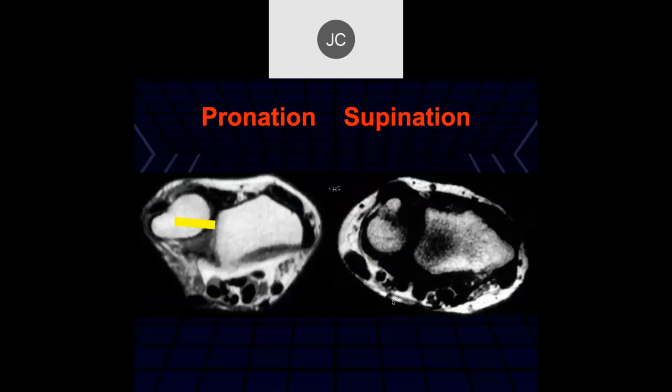So again, we talked about the fact that to really see this properly, I believe you need to image in pronation, so that you don't get kinking of the triangular fibrocartilage. And when you do coronal imaging, it's along the long axis, the straightened long axis of the TFCC.